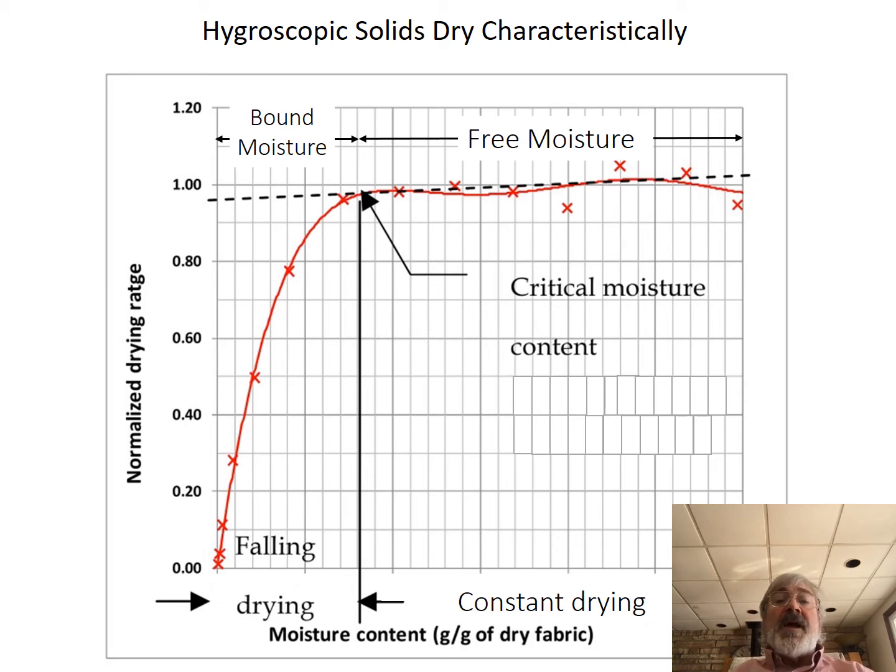So I'd be starting out here somewhere and drying along in the free moisture until I hit the critical moisture content, at which point now my drying rate starts to fall. That's it. That's how hygroscopic solids dry.